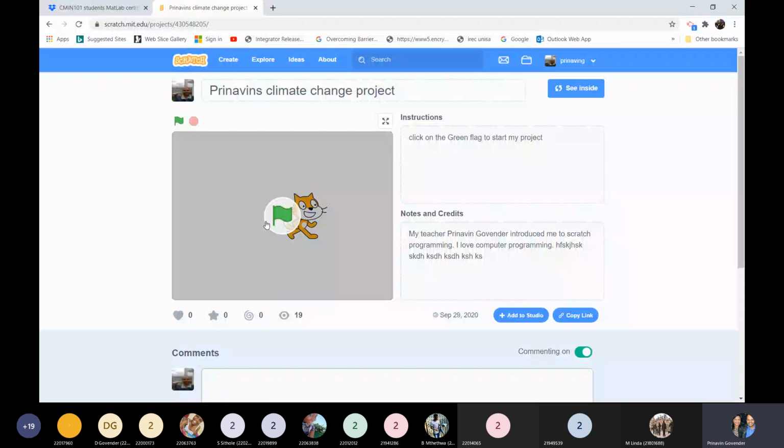Now, in Scratch, I need to have some project to work on. So generally, a programming student will be given a task by the teacher, like me, or they'll be given a task from, let's say, a company that would like them to do something. So if you were in industry, they would ask you to please create an app to do something. For instance, let's say COVID-19 is taking place right now.